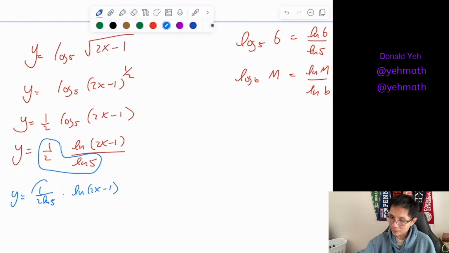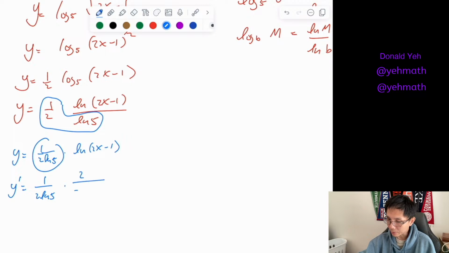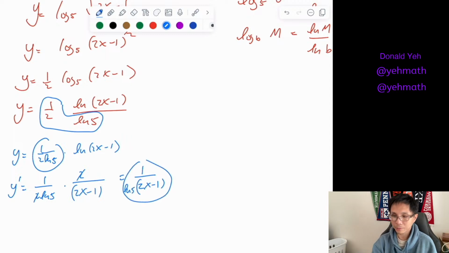So this is a constant. Now I'm going to take a derivative. So y prime is 1/2 times 1 over ln of 5 times 2 over 2x minus 1. So this 2 will cancel out. So it'll be 1 over 2x minus 1 times ln of 5. And that'll be the derivative of that.